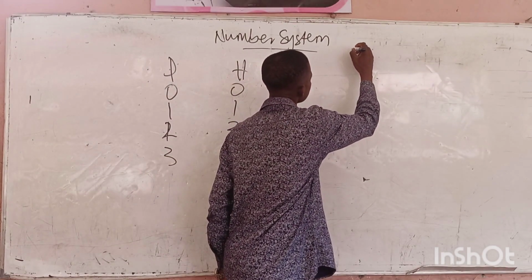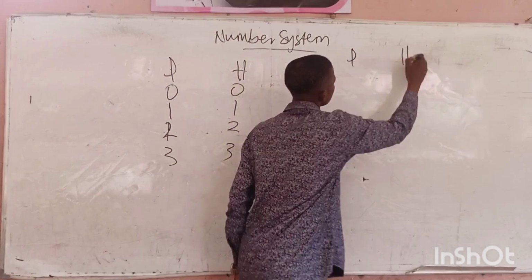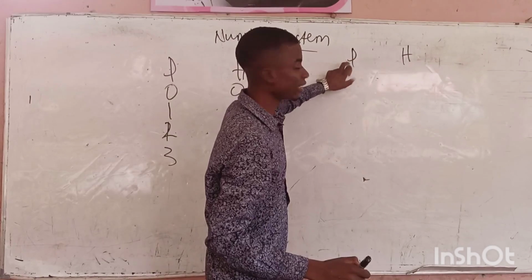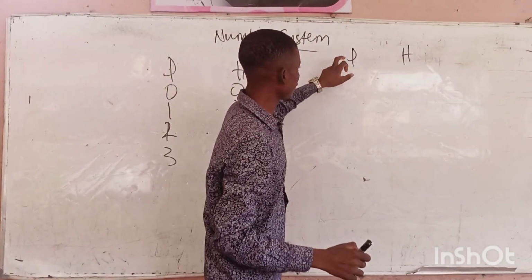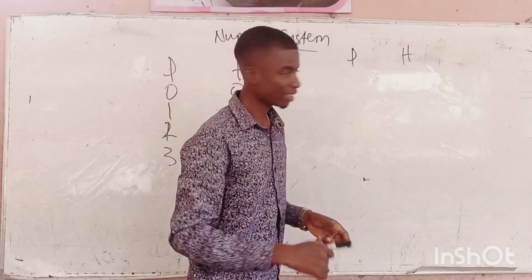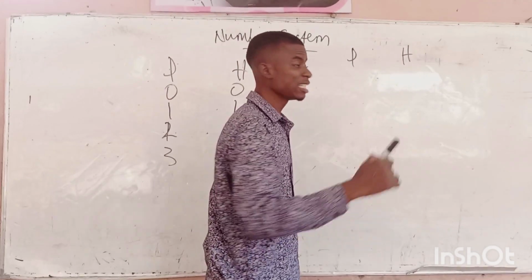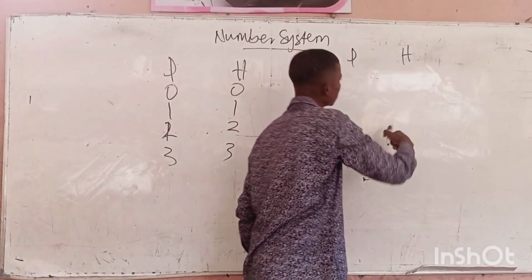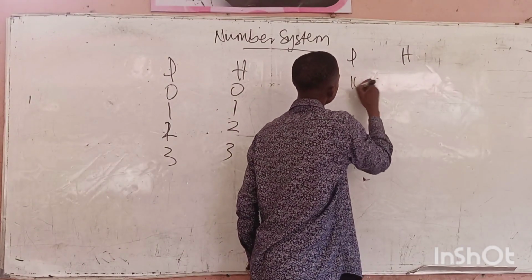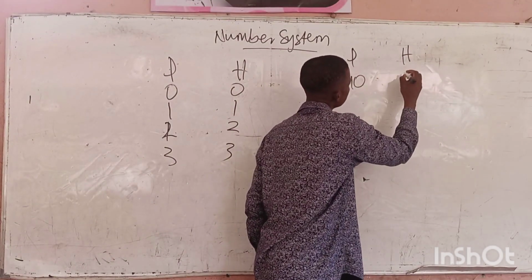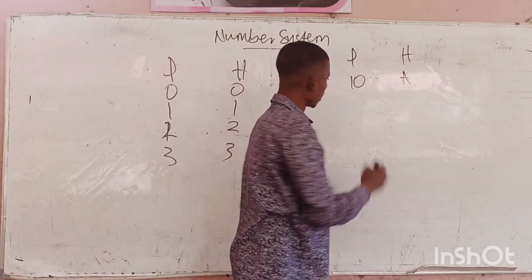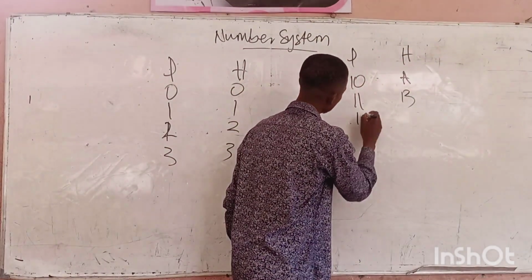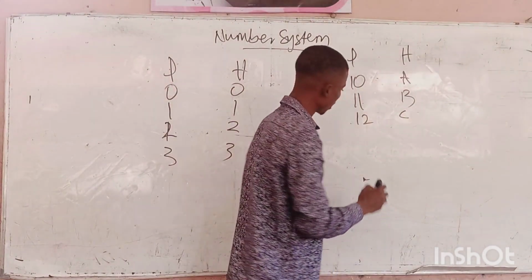Decimal ends at 9, while hexadecimal continues from 10 down. So from 10, hexadecimal is A. 11 is B in hexadecimal. 12 is C in hexadecimal.